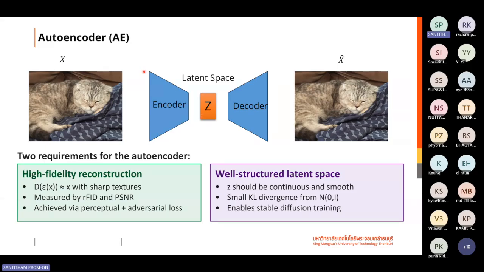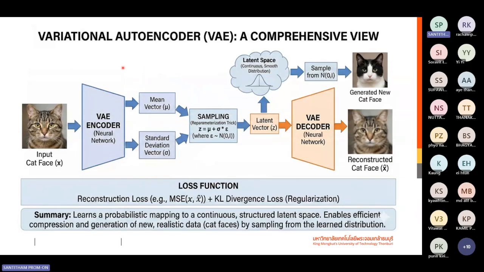So this is AE. For the VAE, you have a representation of the data as the mean and standard deviation, and then generation comes from sampling of the latent space. This is VAE.